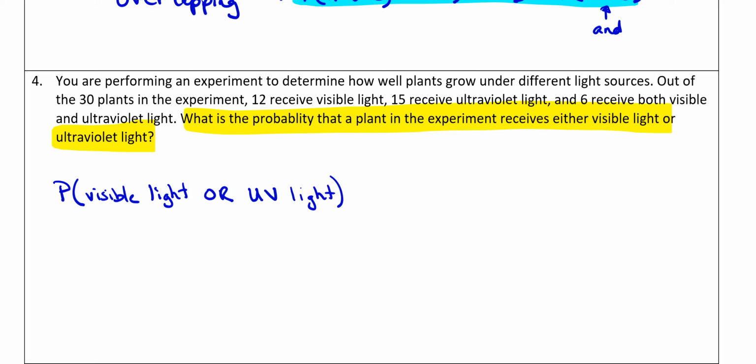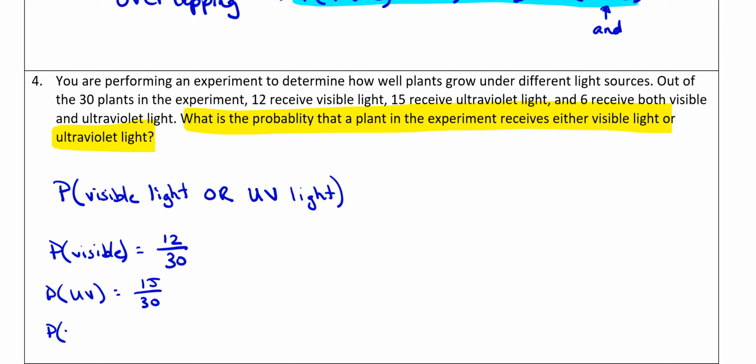So I'm going to write down all that stuff they told us because it kind of got a little bit lost. So the probability of visible light is going to be 12 out of 30. Remember, they told us there's 30 plants. So the probability of UV light is going to be 15 out of 30 because they told us 15 of the 30 plants had it.